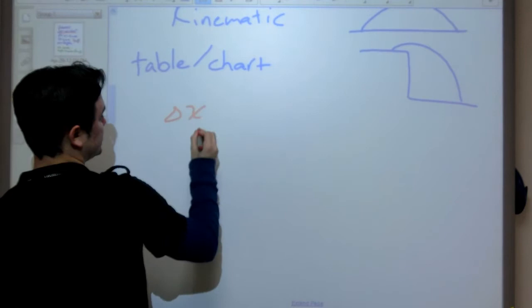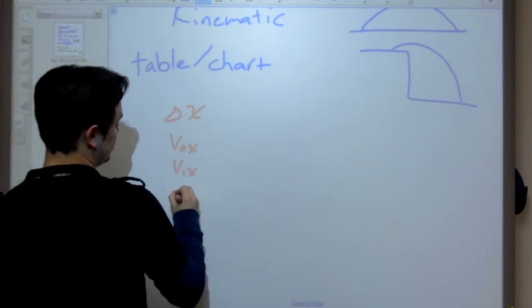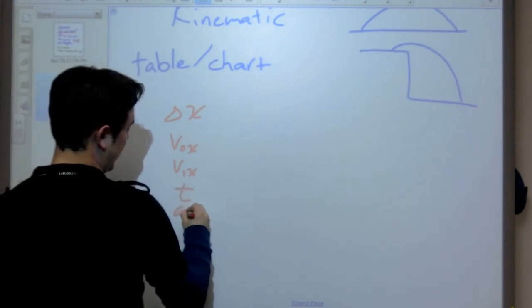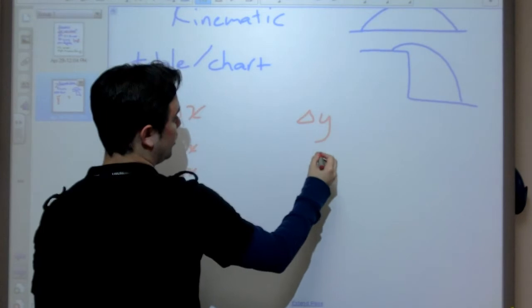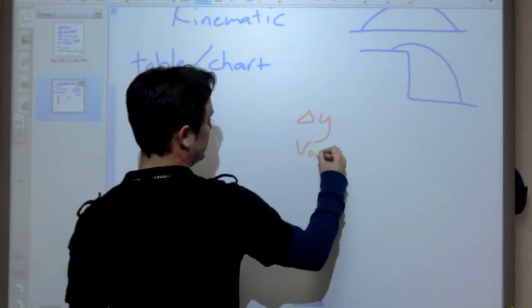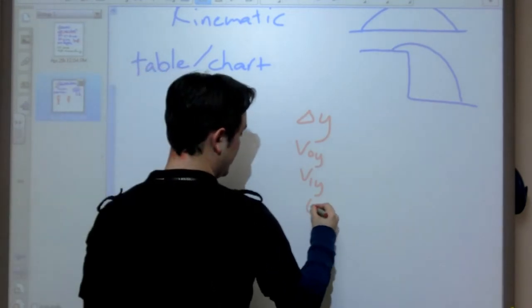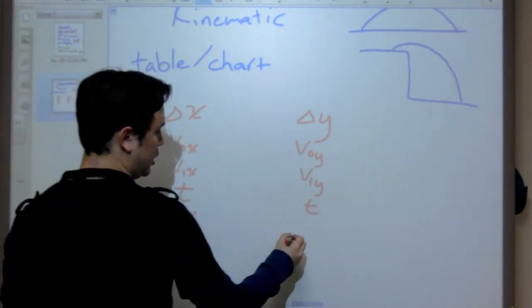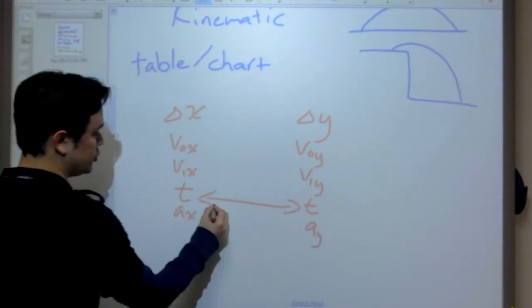We had delta x, we had v initial in the x direction, v final in the x direction, we would have time, and we would have acceleration in the x direction. Over here, for the y, we would have all the same things except for the y direction. And notice that I don't put subscripts on t, on the time, because these are our bridge between the two.